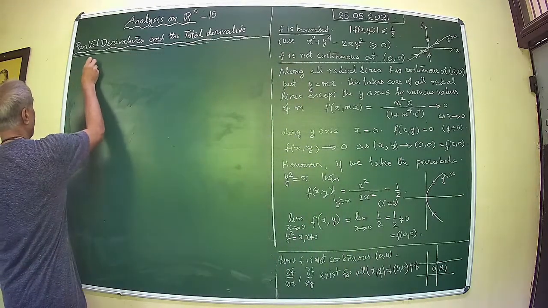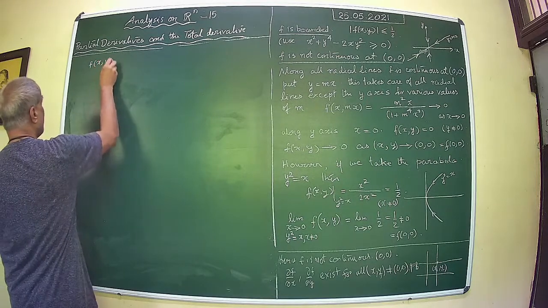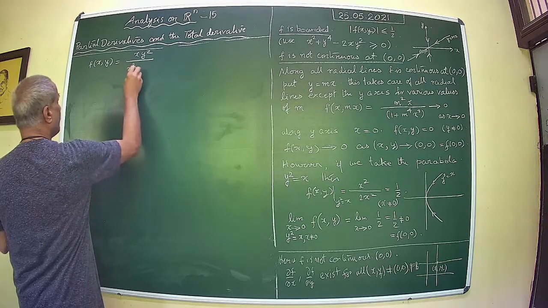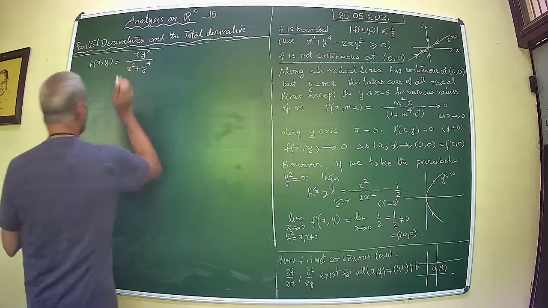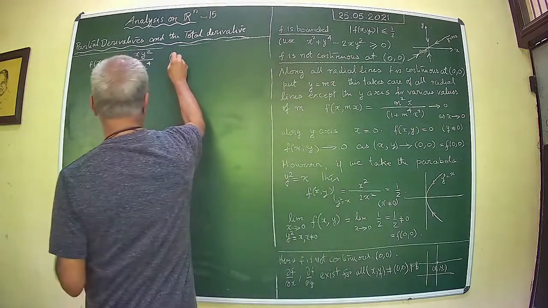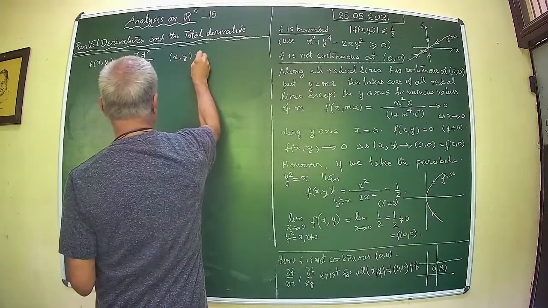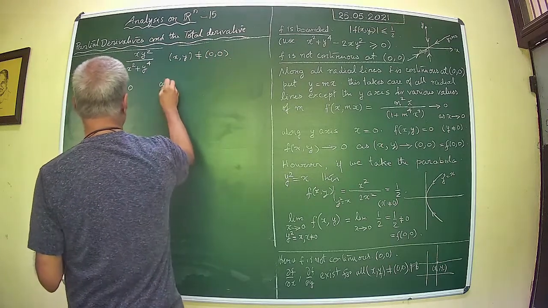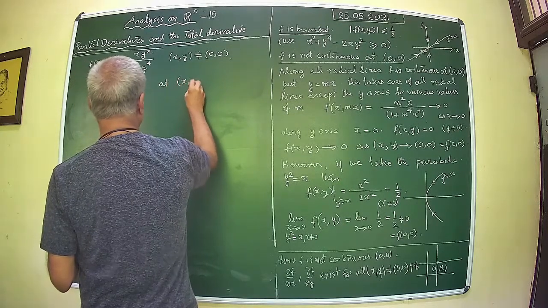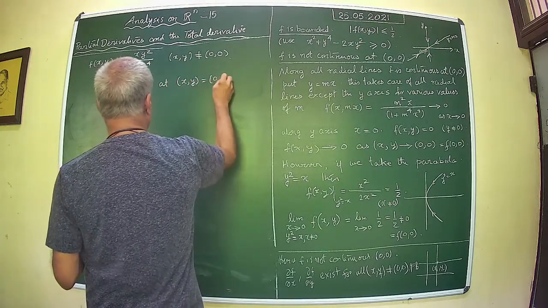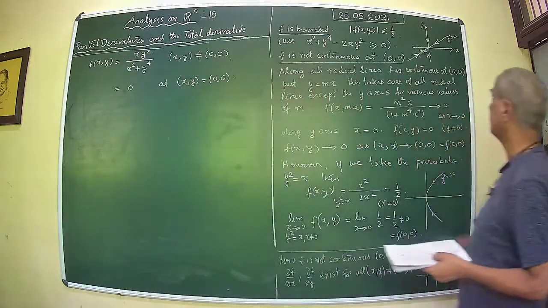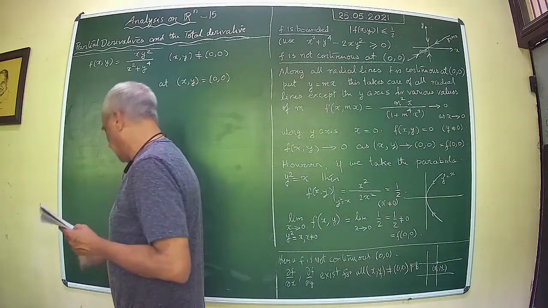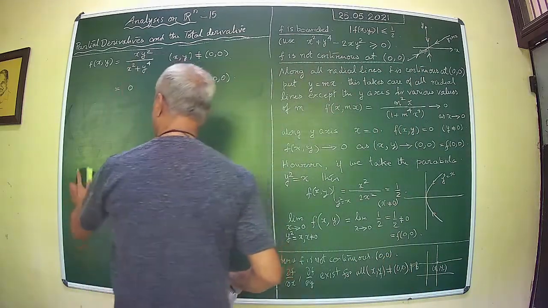When (x, y) is not equal to (0, 0), f is given by this expression, and f is equal to 0 at (0, 0). That means the function is 0 here, everywhere else it is defined in this way. Now let us work out the derivatives. It's not difficult to work out the derivatives.